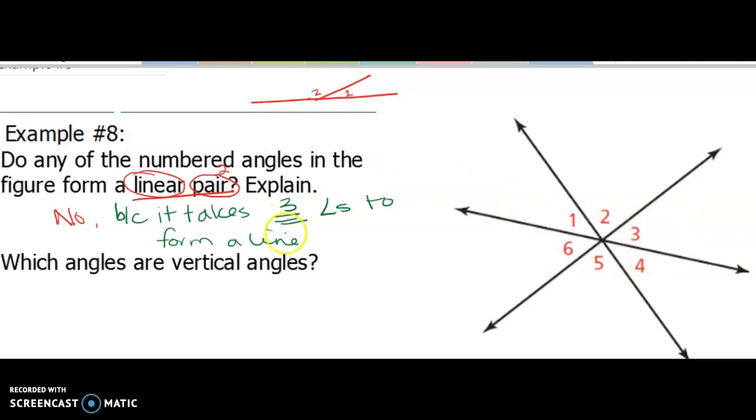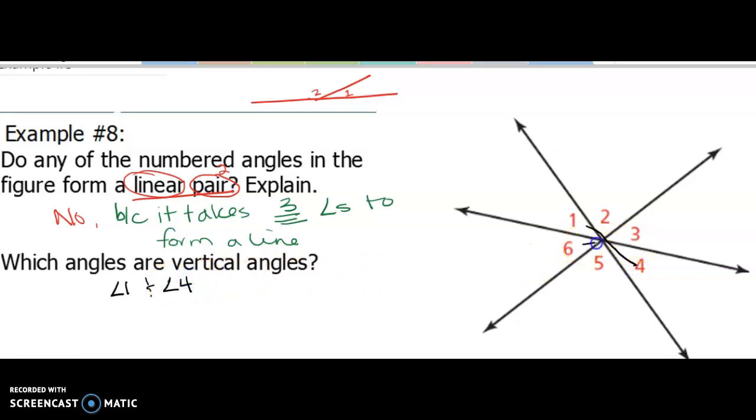All right, now, which angles are vertical angles? All right, well, these are opposite of each other and all lines go through, so we have a lot of pairs of vertical angles. So I could say angle 1 and 4.